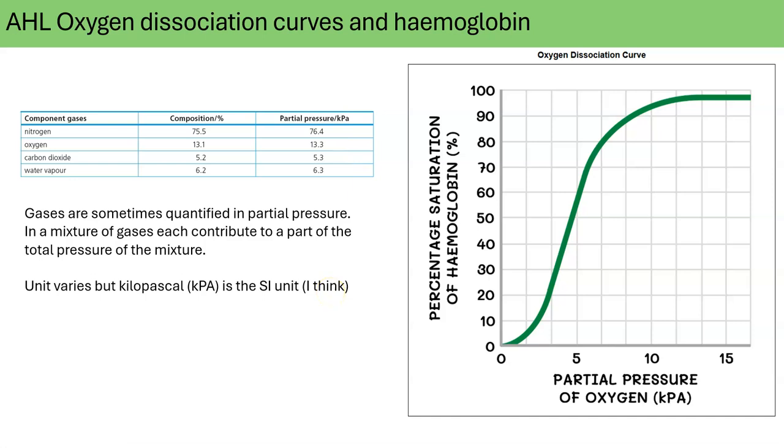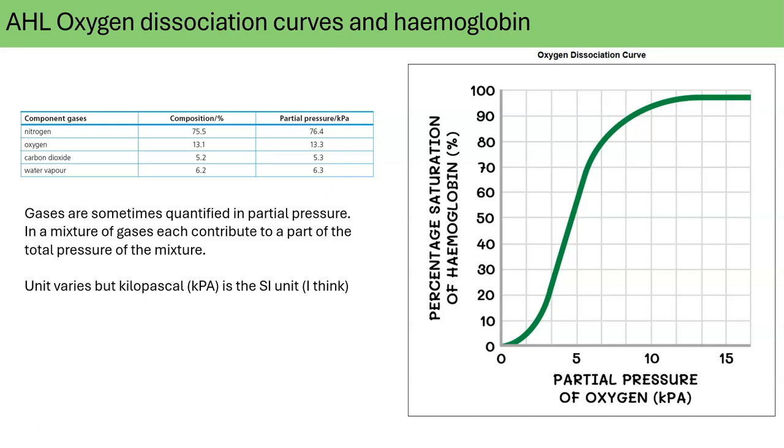We sometimes quantify the amount of a specific gas in a mixture by its partial pressure. So in any mixture of gases like air, you get a total pressure of the mixture, and each gas contributes to that pressure.